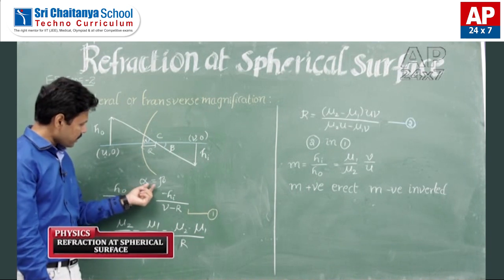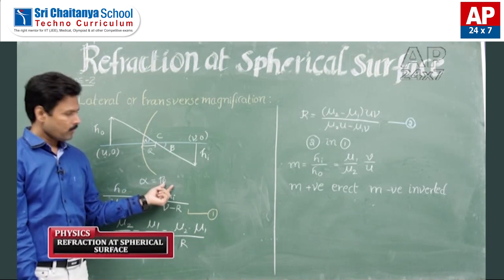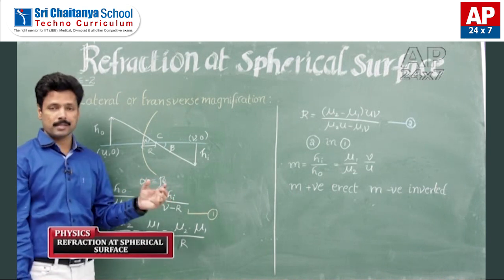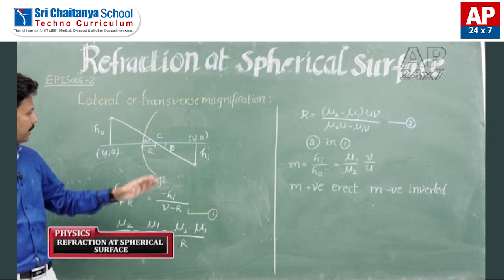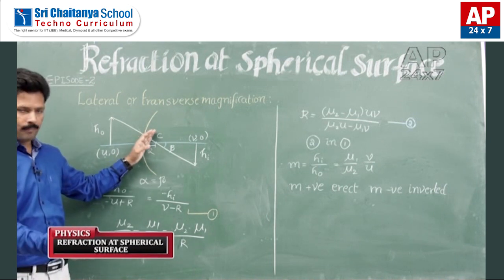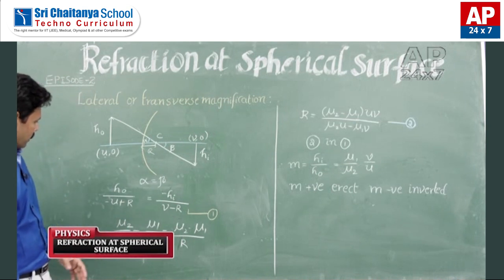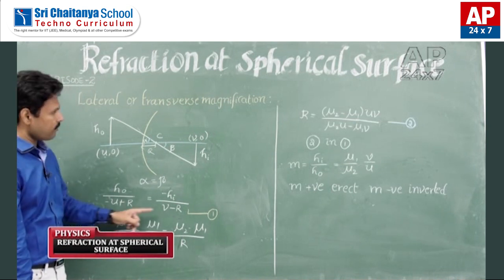So taking alpha equal to beta. And why have we taken alpha and beta? Since the rays are paraxial, tan alpha is equal to alpha and tan beta is equal to beta. Now we require the value of r.